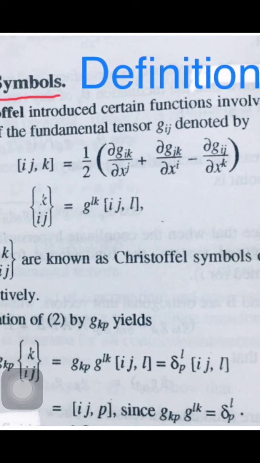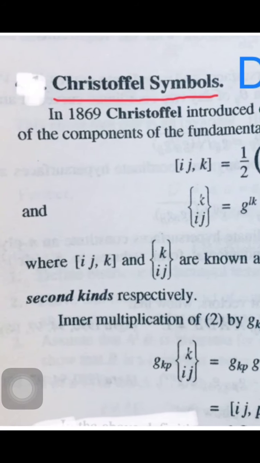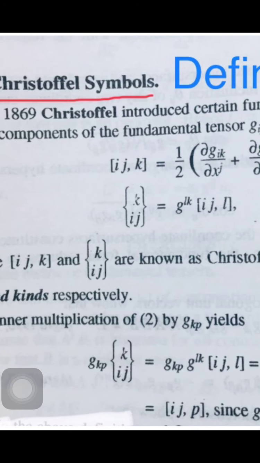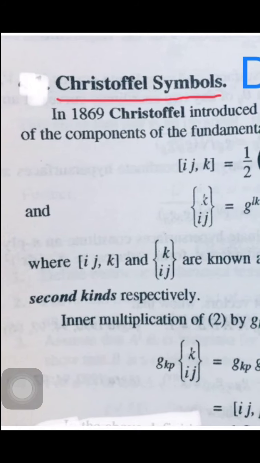Now we take the column notation {k over ij}, which is g^lk [ij, l]. So [ij, k] and {k over ij} are known as Christoffel symbols of the first and second kind respectively.